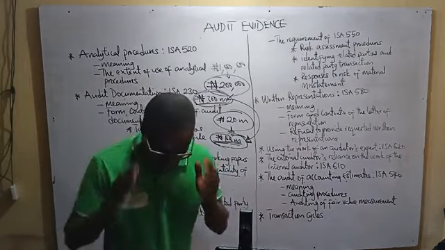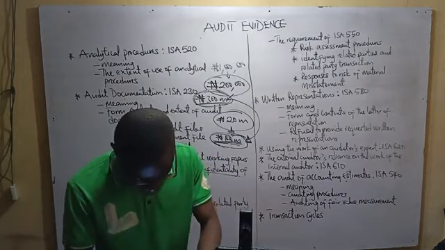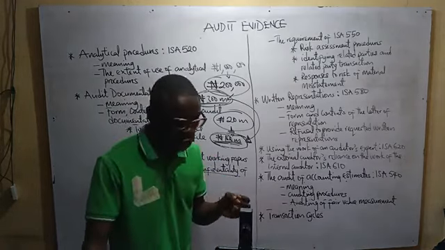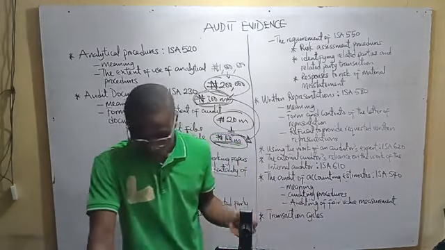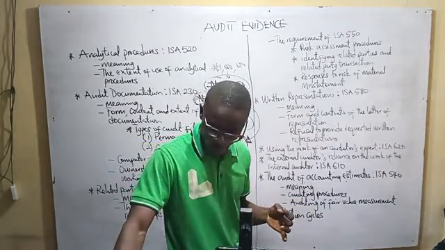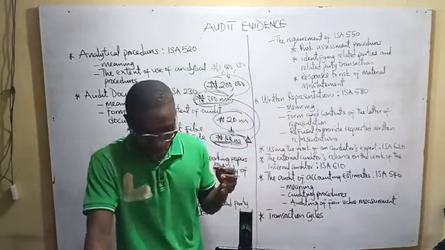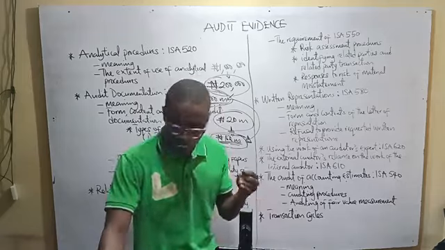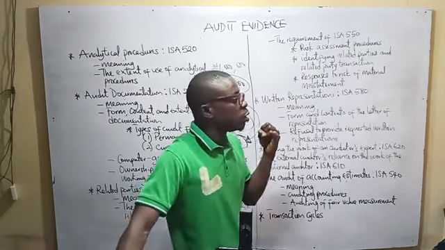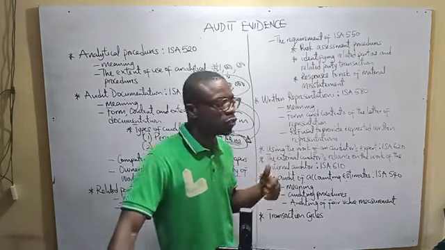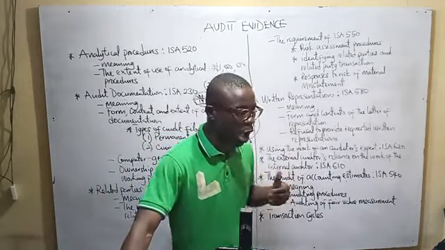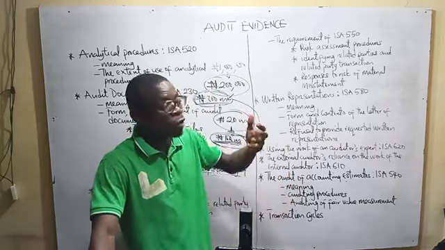So we have three major transaction cycles. We have sales or revenue, we have purchases, and we have the payroll cycle. That revenue or sales can also lead to the receivable cycle, because when you sell on credit, your customers become trade receivables.